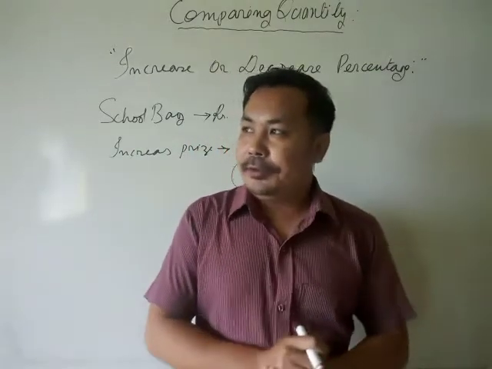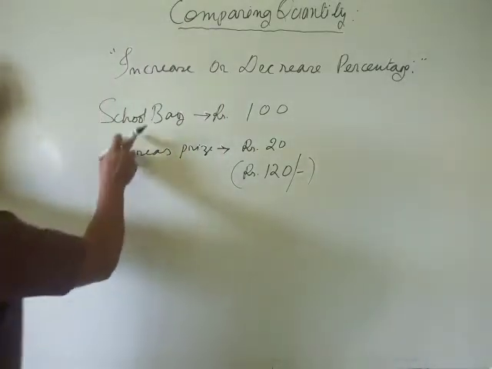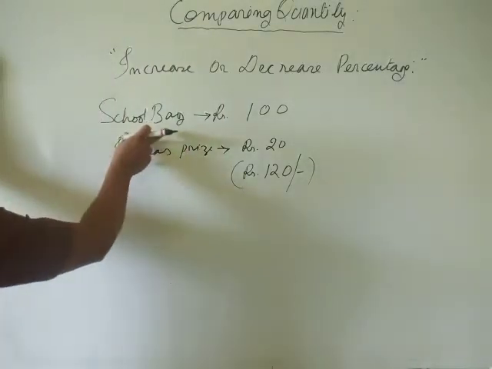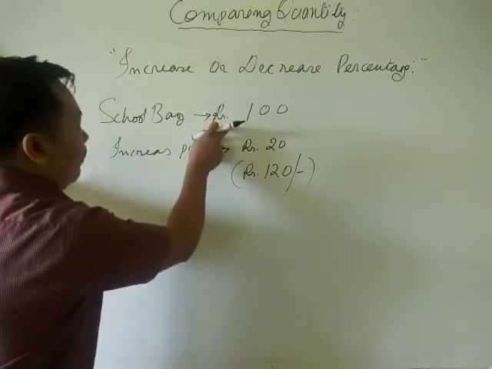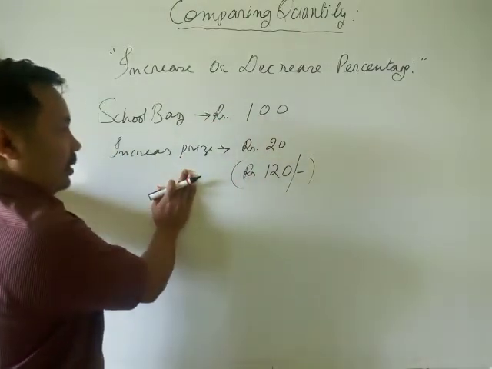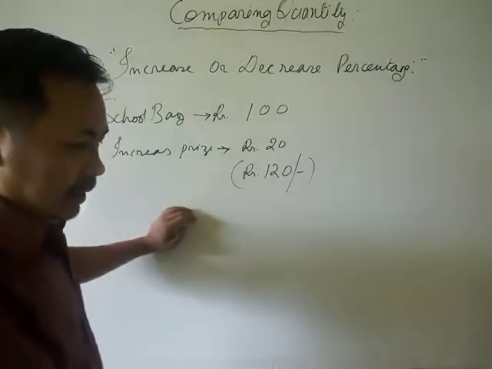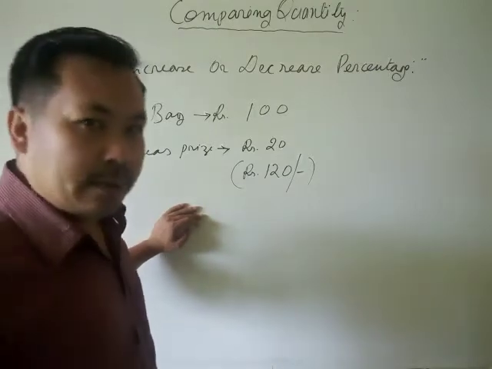Let us take one example here. For example, a school bag. The price of the school bag was 100 rupees. But due to some crisis, it was increased by 20 rupees and sold by the shopkeeper.